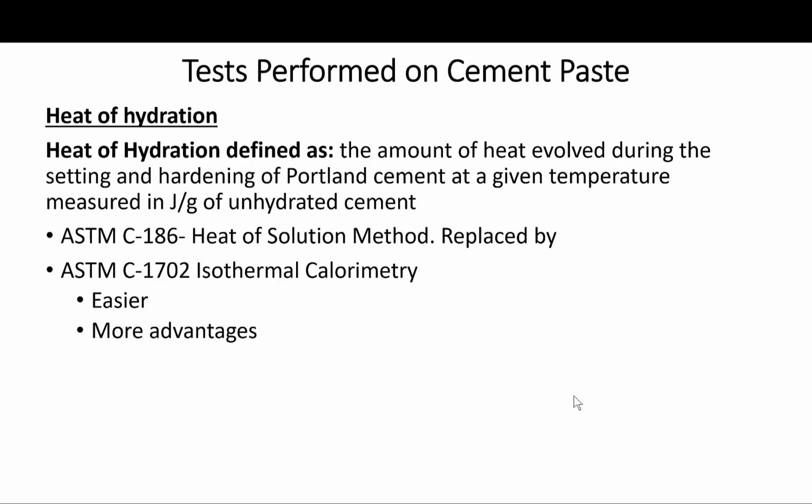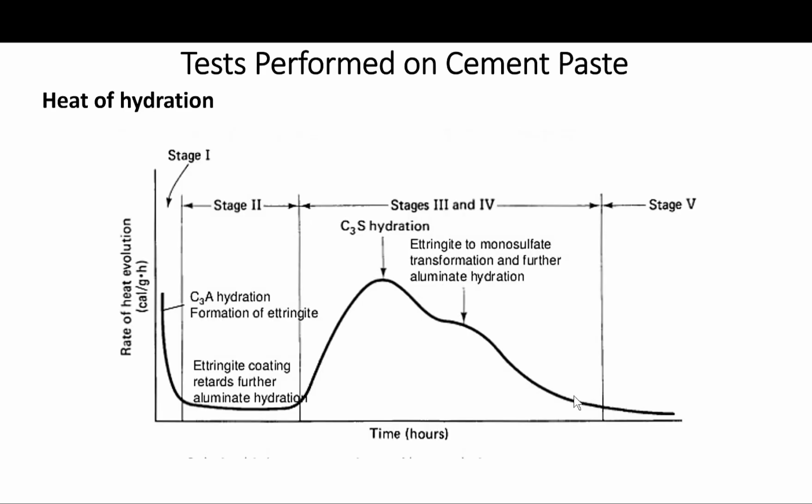The calorimeter provides the user the ability to study the hydration stages from the recorded heat curve at the desired hydration age. It's excellent. Here is the curve that you will get from the conduction calorimetry. We will study this curve in great detail later during the hydration, but as you can see here, for example, this is at the addition of water. The C3A hydration basically takes place in this first stage.